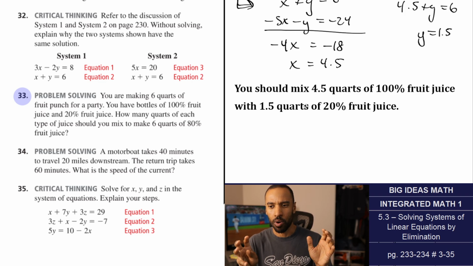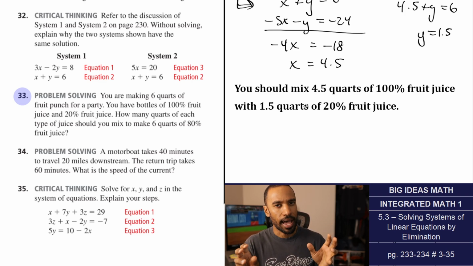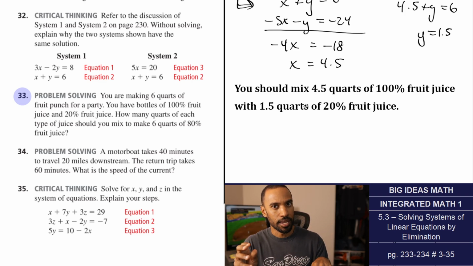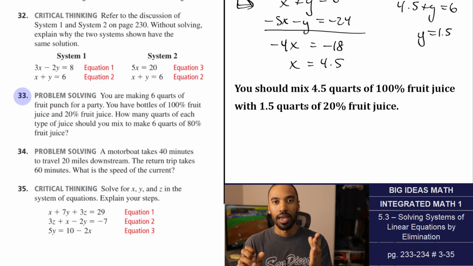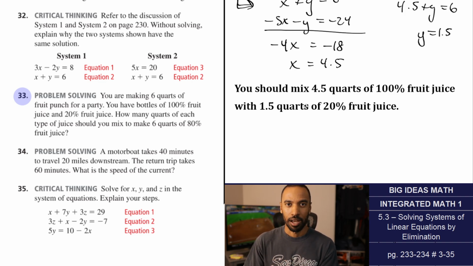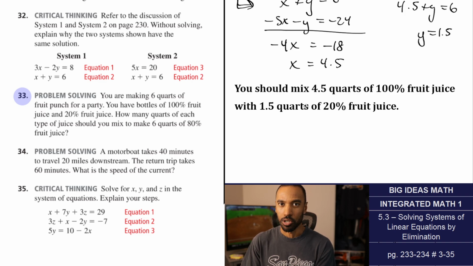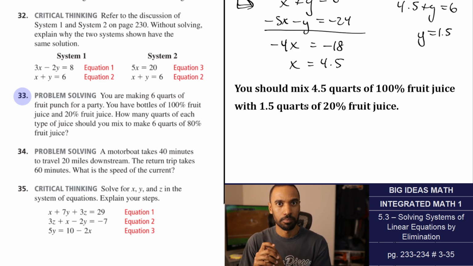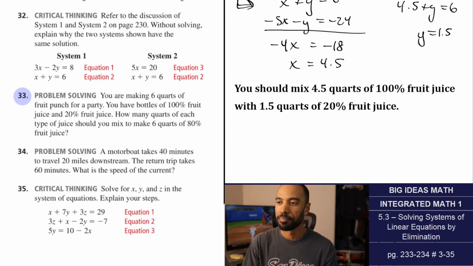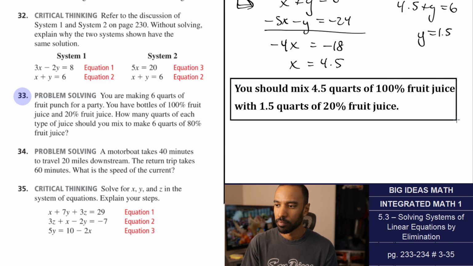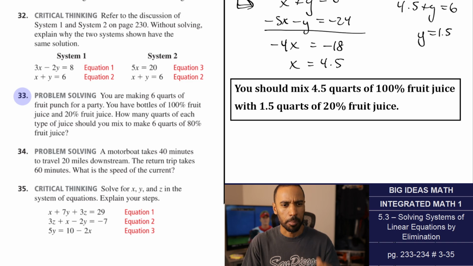Water? Is it diluted in water? So when you do that, 4.5 plus 0.3 is 4.8. And 4.8 is 80% of 6. So your 6 quarts has 4.8 quarts that are fruit juice, and that's 80% of it. So that looks good to me. I am feeling good on that one. Okay. Had to think about it a little bit.